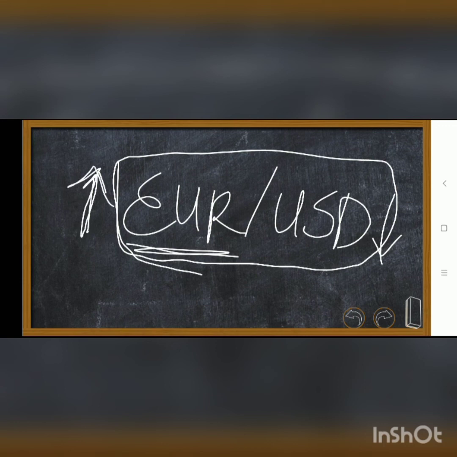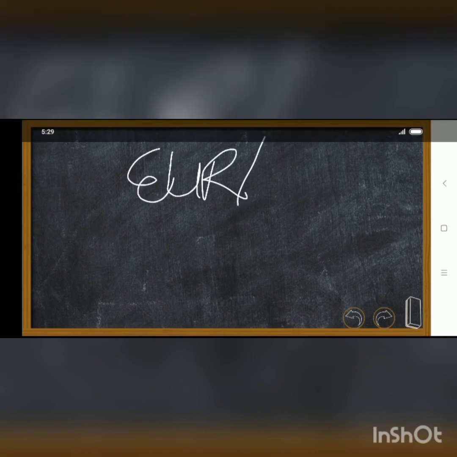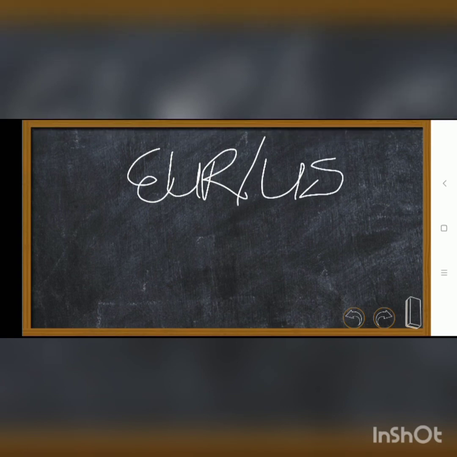So we have price. This brings us to price. Since we were speaking about a code, that means there'll be a price for this entire currency pair.